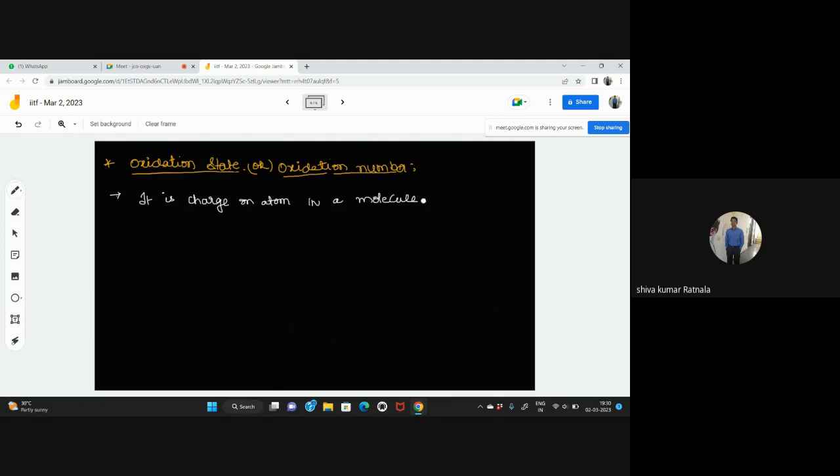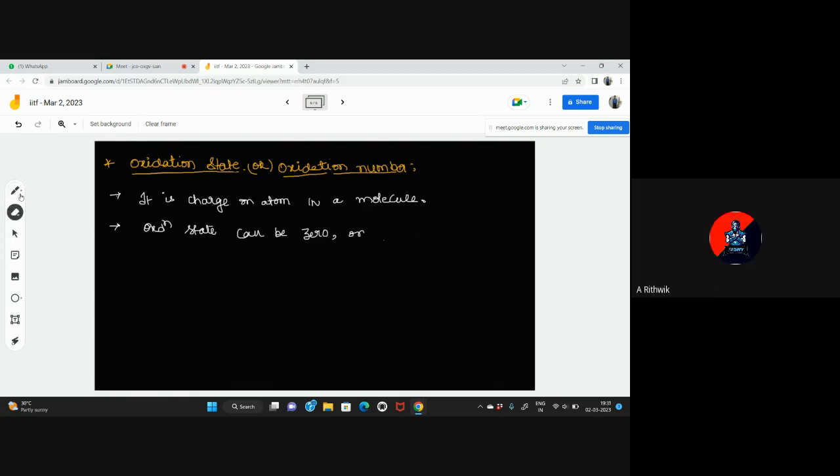This oxidation state can be zero or positive.